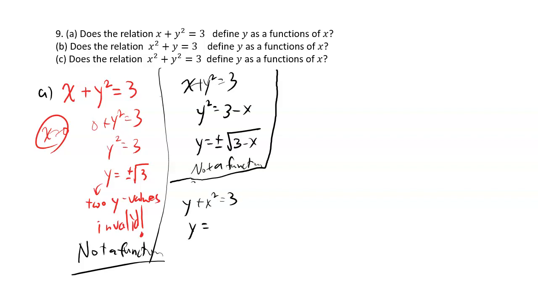And then you subtract x squared, so it's y equals 3 minus x squared. What is this? This is an upside down parabola with y-intercept 3, right? So it's like this. But this is not the graph that we're looking at. If you switch x and y, what's the graph that you get?